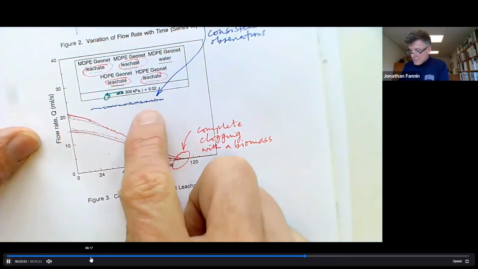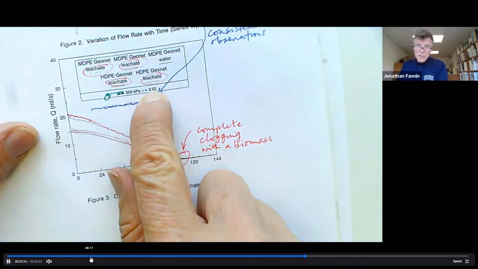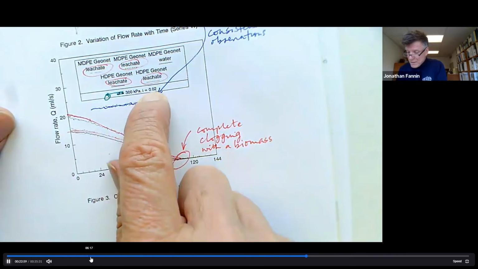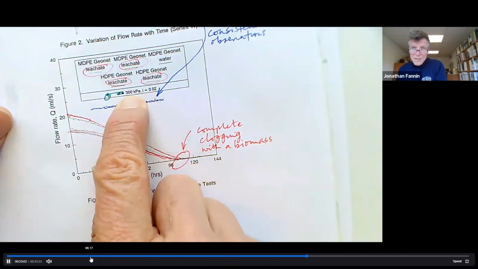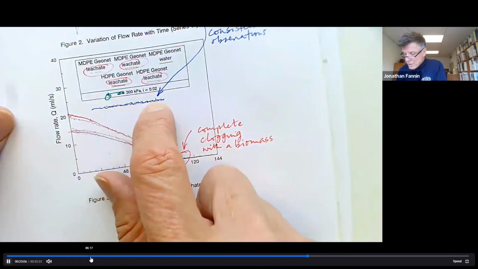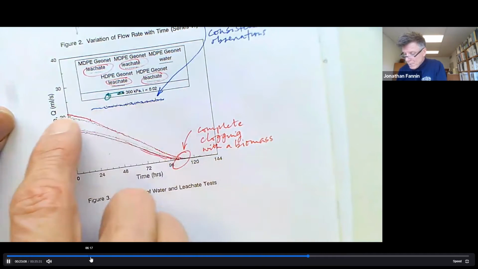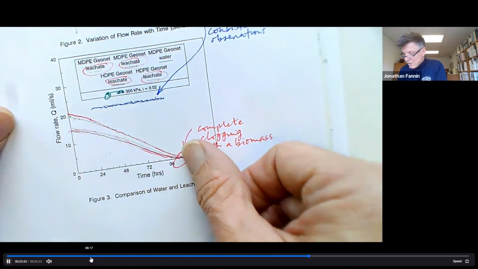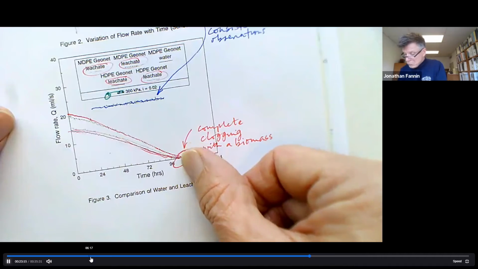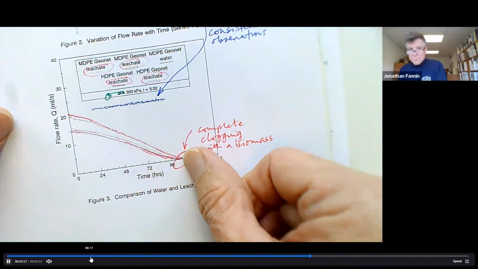And there were the data for a gradient of 2%, which is about the basal surface gradient of a waste containment facility, and 300 kPa, which is less than the crushing strength of the geonet. The water continues to flow through, but the leachate essentially clogged it entirely with a biofilm within 100 hours.